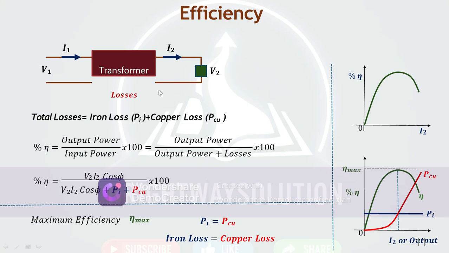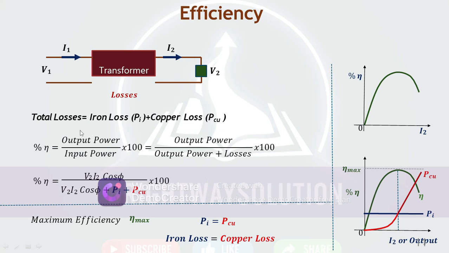The output power of the transformer is the electrical active power on the secondary side: V2 into I2 into cos phi, upon V2 into I2 into cos phi plus Pi, where Pi is iron loss plus PCU is copper loss. So this is the formula for efficiency.